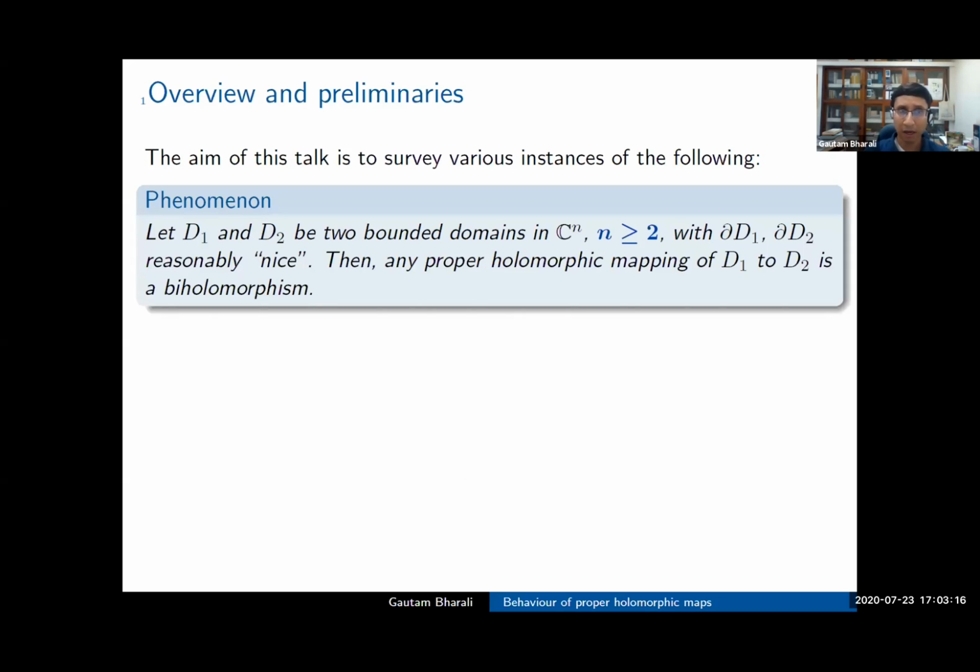I begin with the aim of this talk right up on the screen. But before I dive into the aim, I'd actually like to say that this talk is really an excuse to say a few words about how complex analysis in two or more variables is a completely different discipline from complex analysis in one variable. This is the flavor of complex analysis that a large number of you in the audience are familiar with.